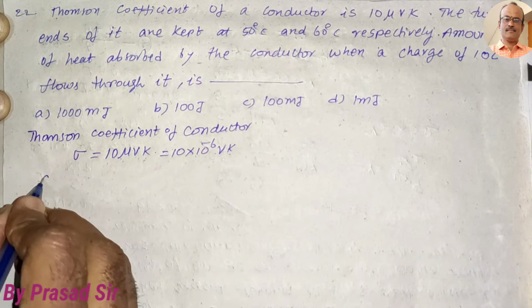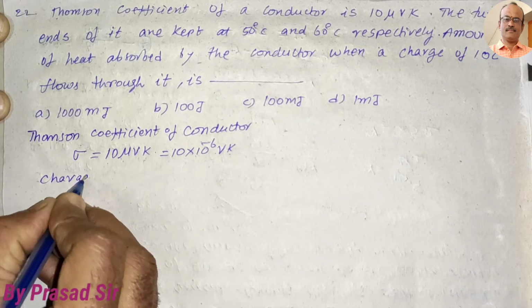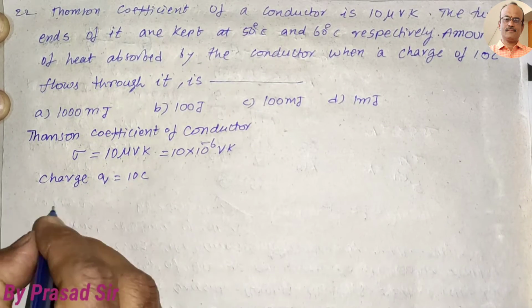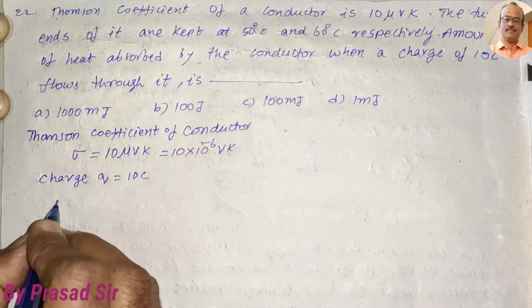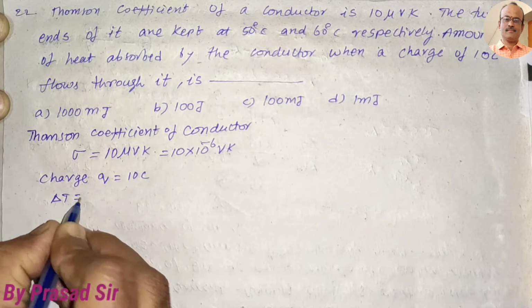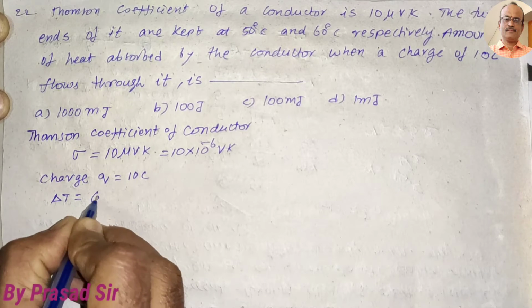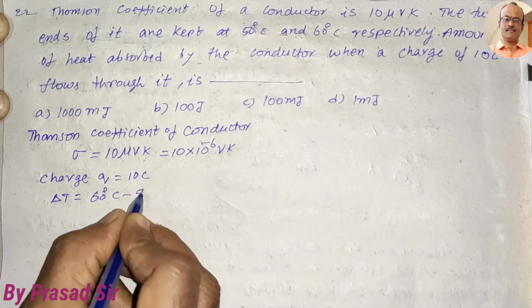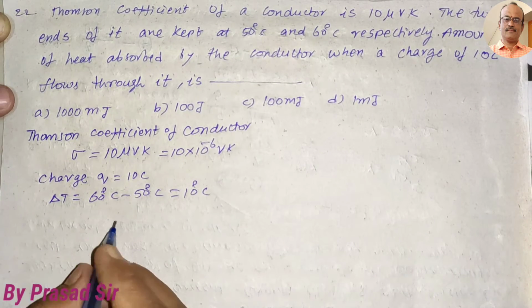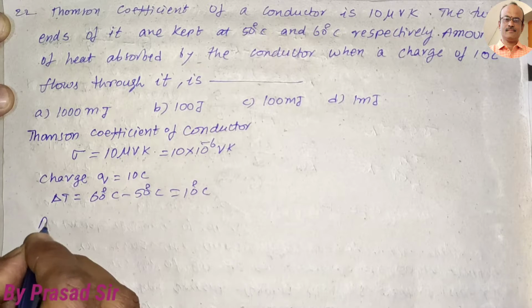And here charge is given, Q is equal to 10 coulomb and temperature is 50 degrees centigrade and 60 degrees centigrade. So the rise in temperature delta T is equal to 60 degrees centigrade minus 50 degrees centigrade, which is equal to 10 degrees centigrade. But here which one do we want to calculate?